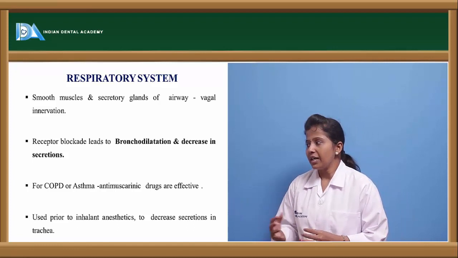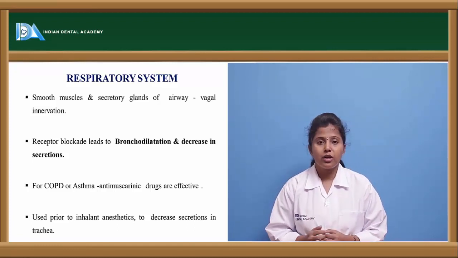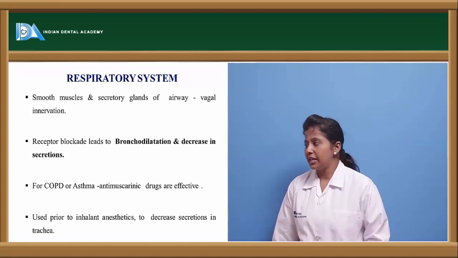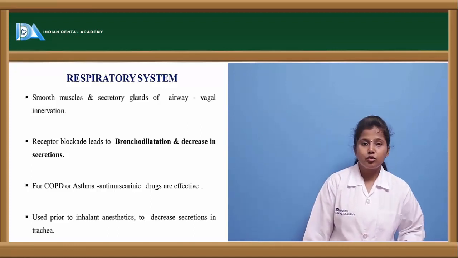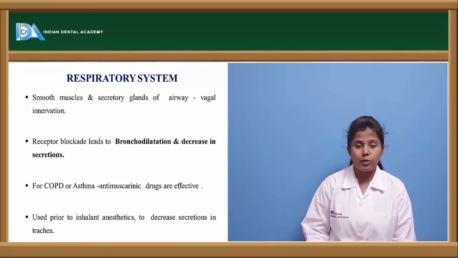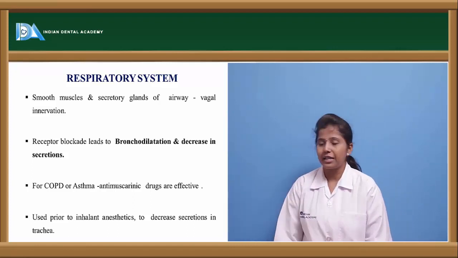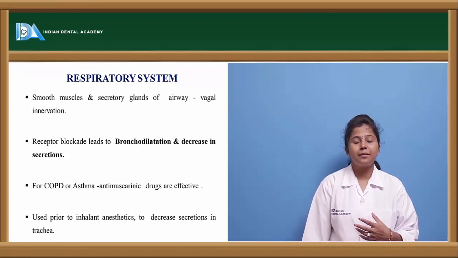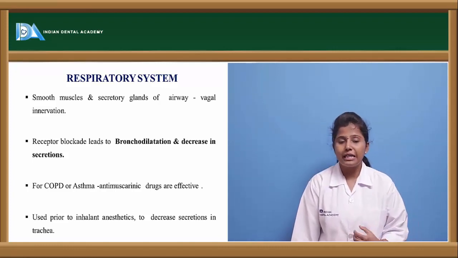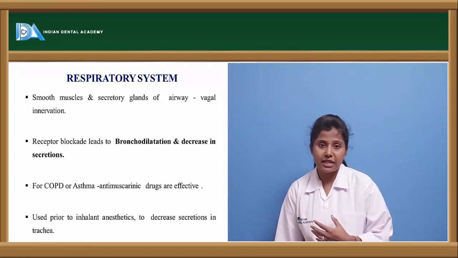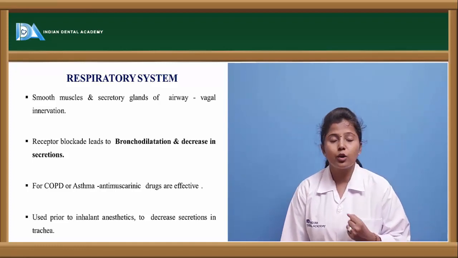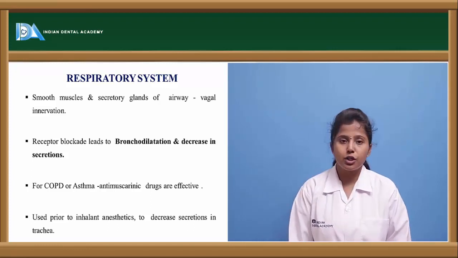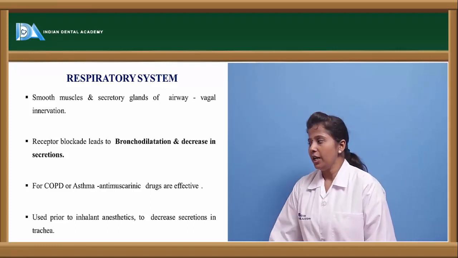So because of that, if this blockade takes place, there is relaxation of the bronchial smooth muscles, leading to bronchodilation, and there will be decreased secretions in the respiratory airways. Mostly because of this bronchodilatory effect shown by these antimuscarinic drugs, they are preferred in asthma as well as in COPD, that is chronic obstructive pulmonary disorder.